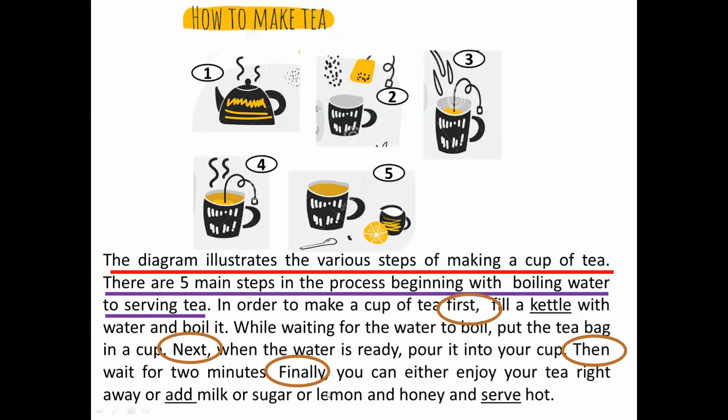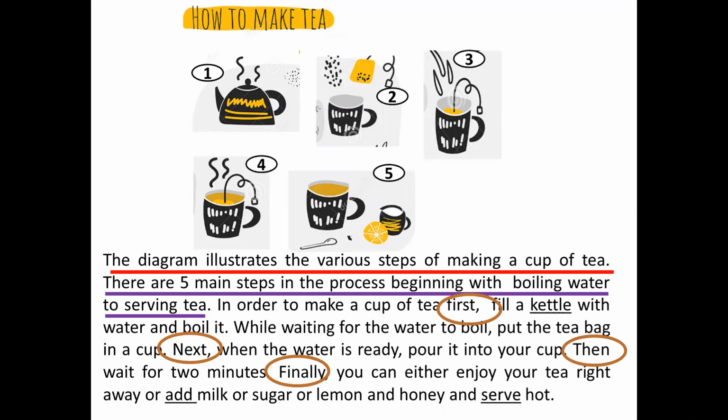Add, serve. Did we look for all the 6 items in the question? Oh, yes. What about the equipment? You can see here the word kettle mentioned. This is the kettle.